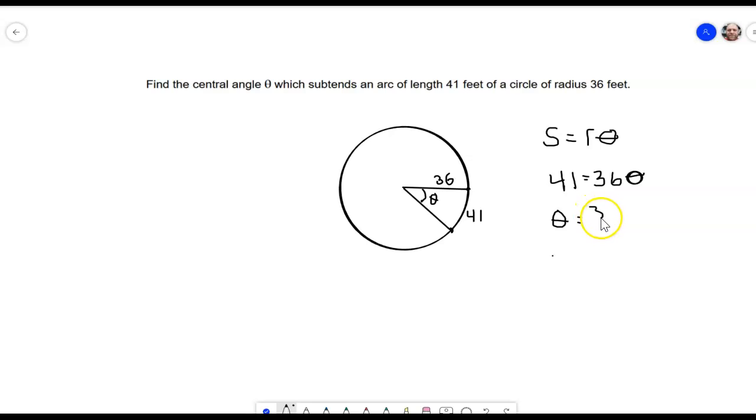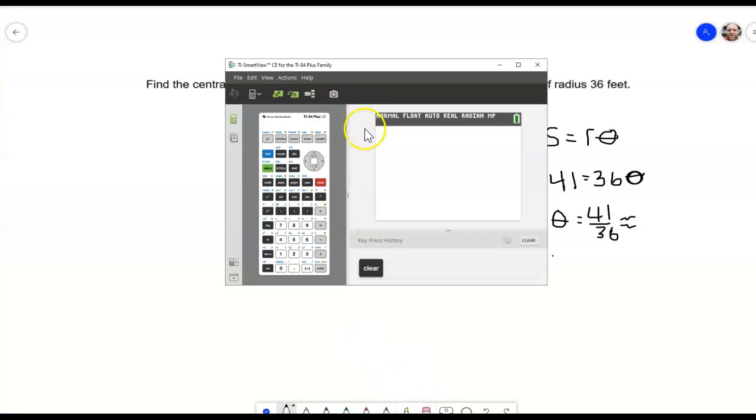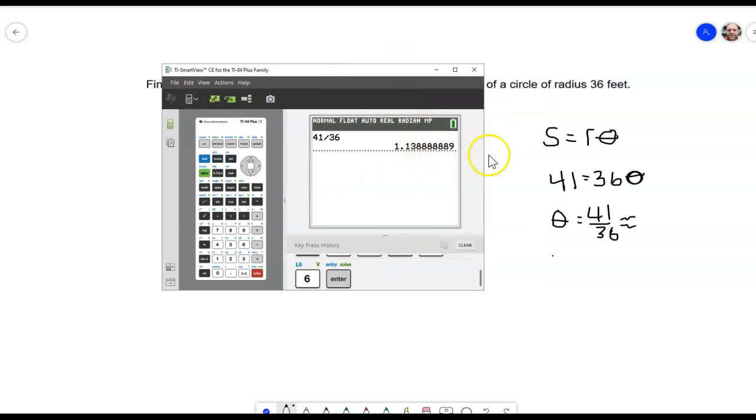I'm going to get 41 over 36. For the radians, I'll go out to 3 decimal places. So this is approximately equal to 41 divided by 36, and that would be 1.139 radians.